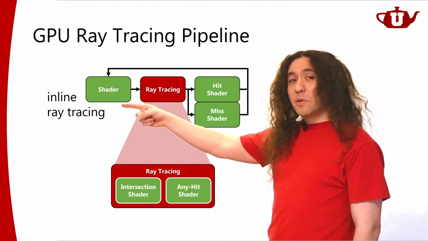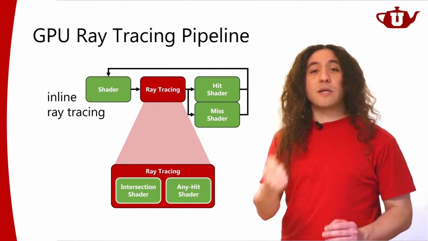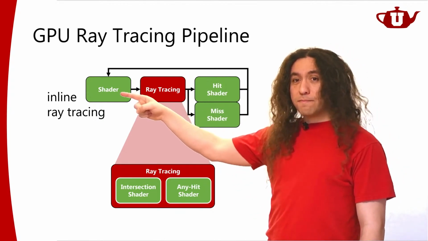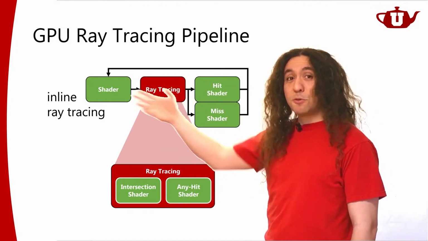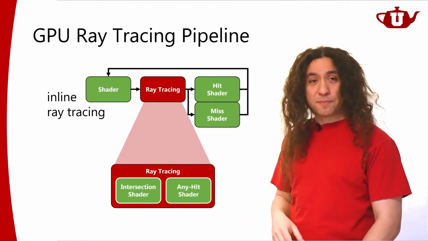And what's important is what you do in here. Like inside your shader, you are using ray tracing to do something. And this is totally up to you. So you can use this ray tracing pipeline to do whatever it is that you want with ray tracing, right?